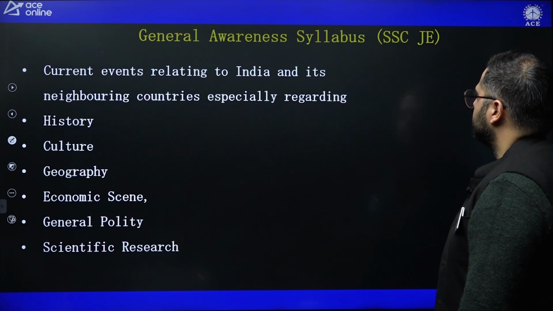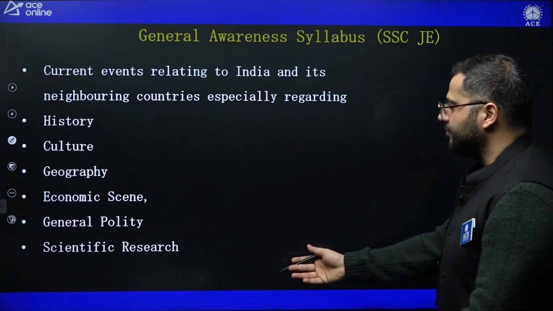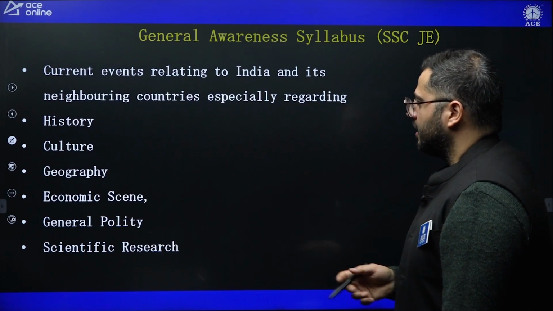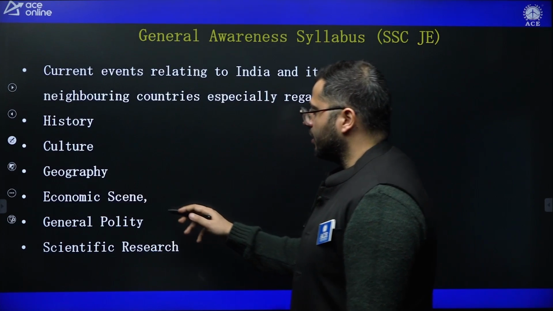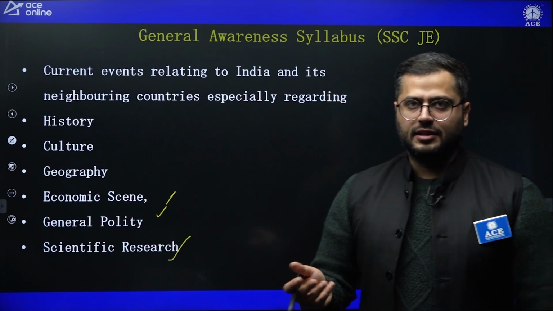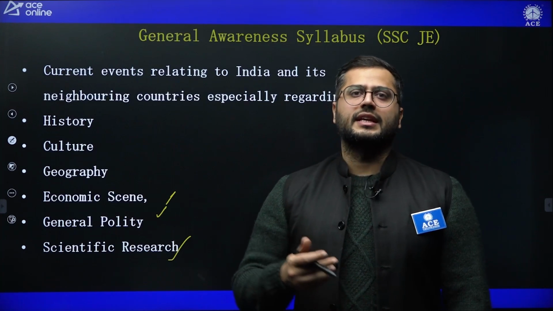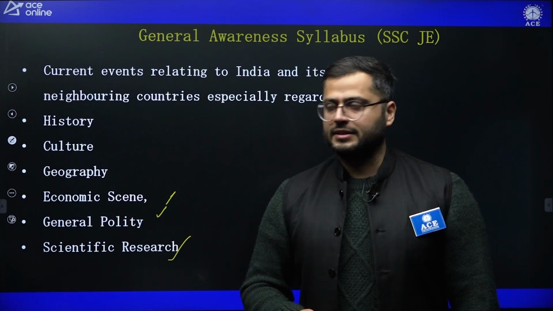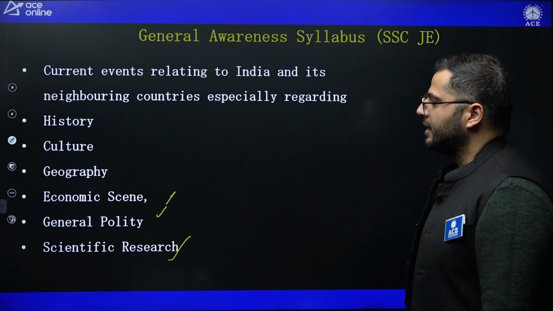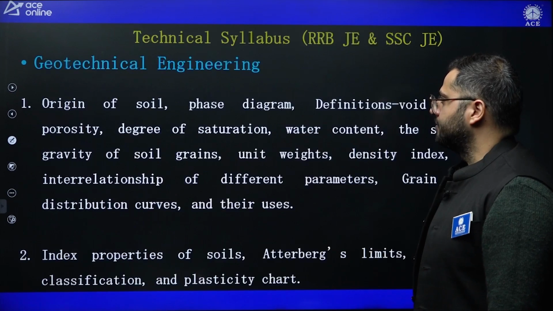General awareness syllabus, see, again the same. Current events related to India and its neighboring countries, history, culture, geography, economic science, general polity, scientific research, and subjects regarding physics, chemistry and biology are also asked, right? So all of these things are to be considered in the general awareness topic.